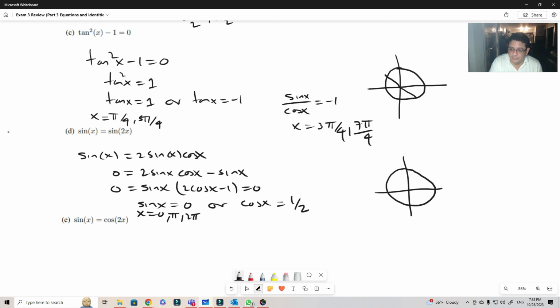So cosine of x equals 1/2 means that we're over here. Remember, the cosine is the x coordinate of the plane. So if cosine of theta is 1/2, we have this line over here, and I have one angle happening here in the first quadrant, and that's going to be pi over 3.